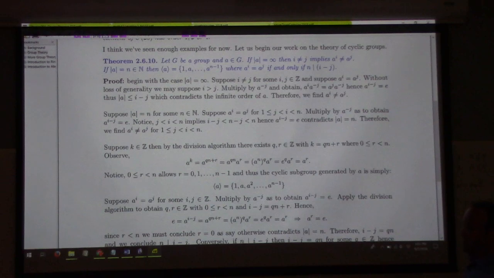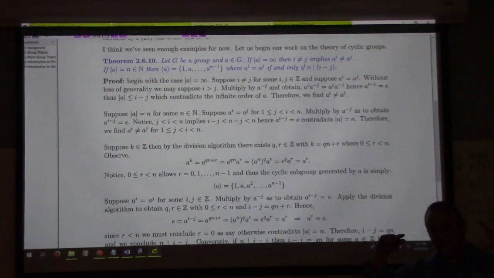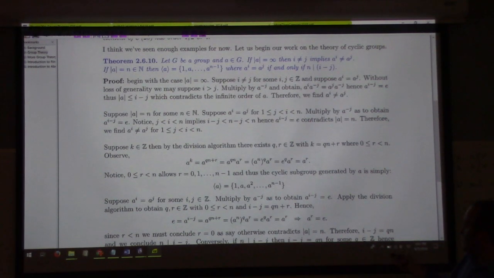Oh, I know the thing. So a to the power k, right? The cyclic subgroup generated by a, in principle, is infinite, right? So, great. What I convinced myself of in this previous paragraph is that if we go from the identity all the way out to the n minus 1 power, those are distinct.